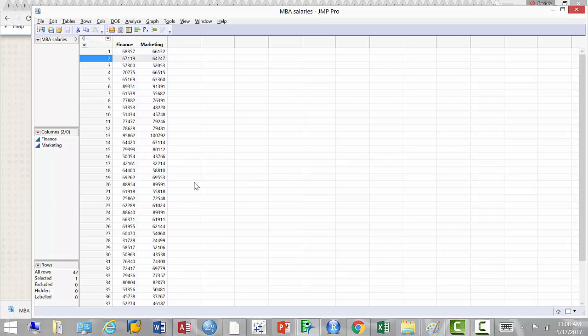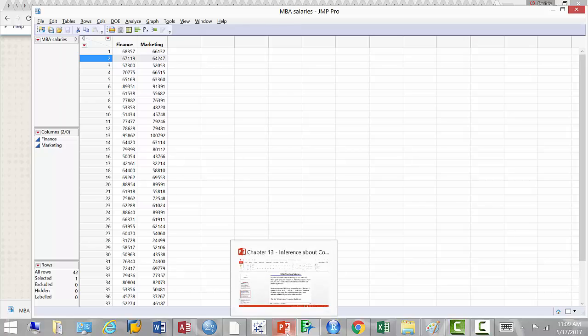So I have to know that these are matched by a certain criterion, by the GPA. By looking at the data, you will not know if it's independently collected or matched pairs. You have to know the data collection process, how the samples were obtained. That will tell you what you are dealing with, which case, independent or matched.